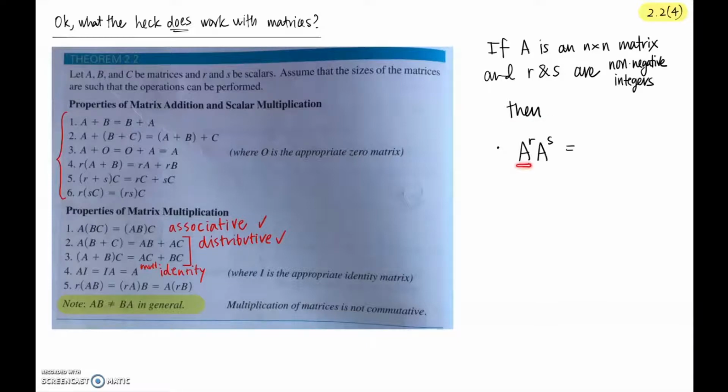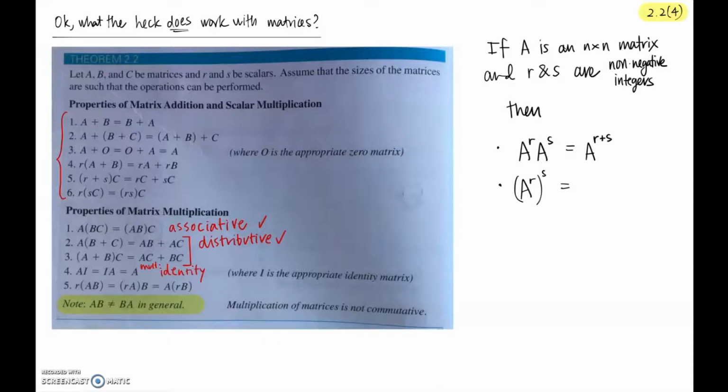A to the R times A to the S, remember these are matrices here, it's the same matrix, is equal to A to the R plus S. In real numbers, do you remember this property? So that holds through with matrices. Another one that goes along with this: A to the R and then to the S power.